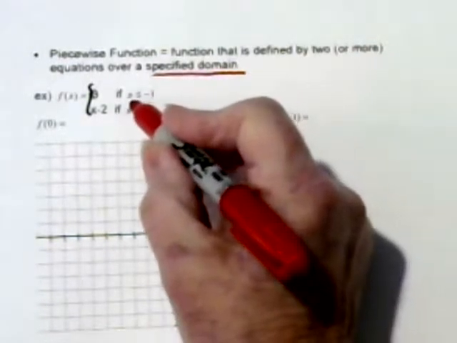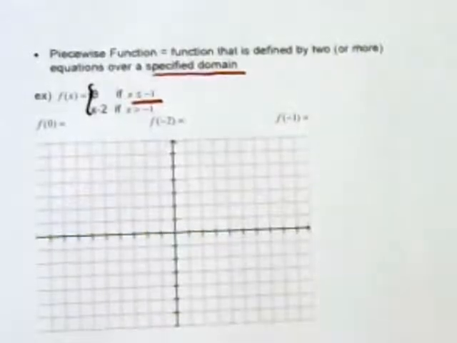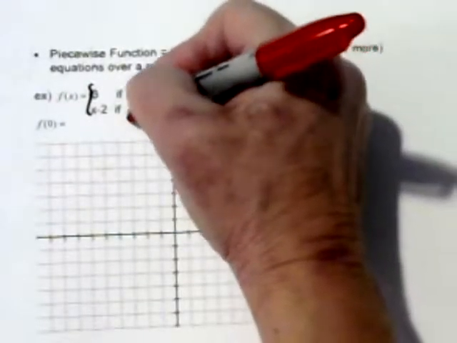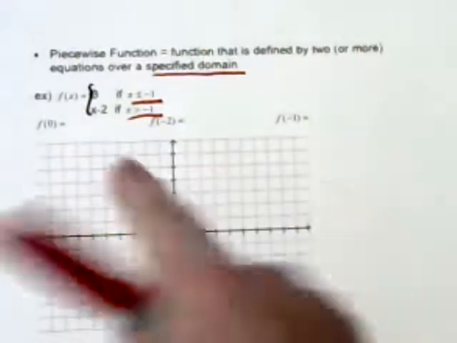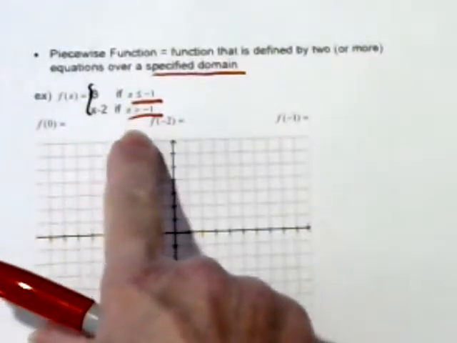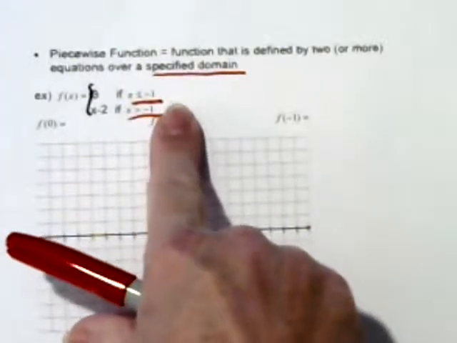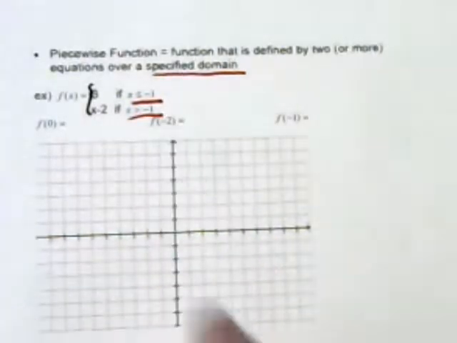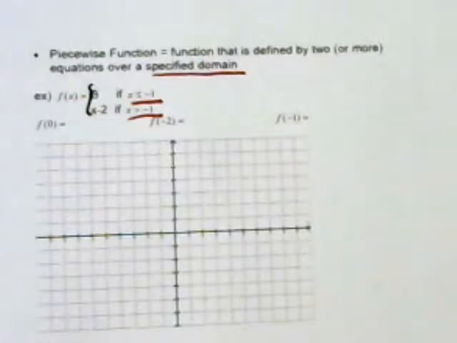If x is less than or equal to -1, that's when y is 3. If x is greater than -1, that's when we're at x minus 2. So always in a piecewise function, there are going to be very critical values in your domain that are the boundary points, if you will, between two different functions.